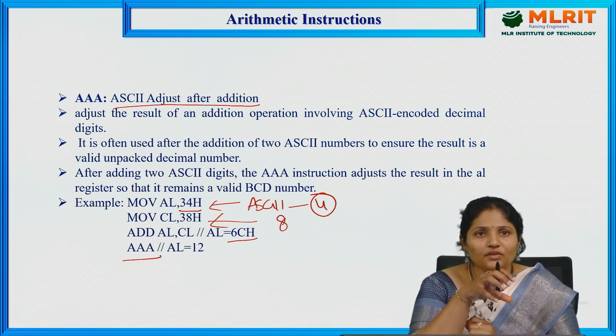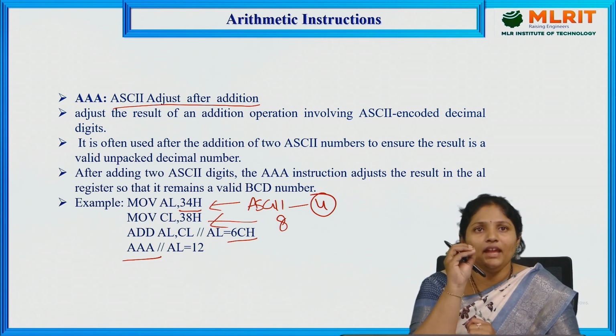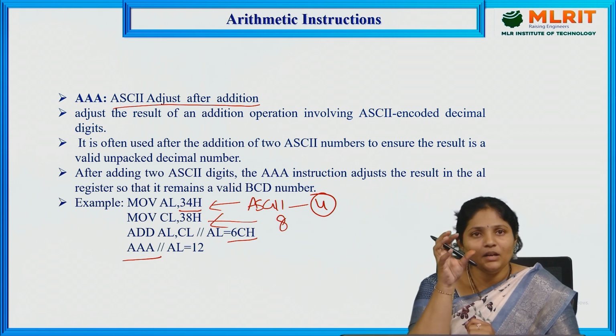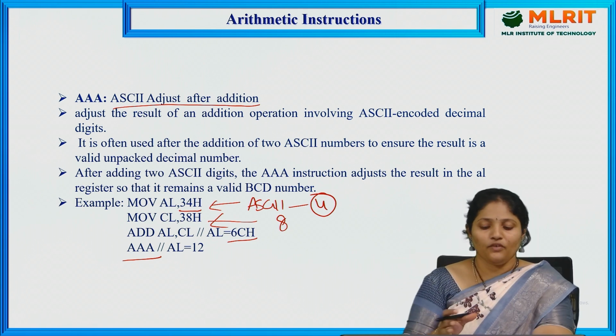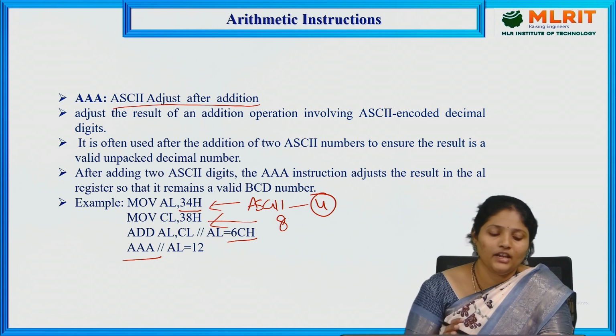This instruction targets only the AL register, the accumulator lower byte register, and the data present in that register will be converted into the corresponding binary coded decimal. So after performing ASCII additions, we can use this instruction to get the binary coded decimal as the output.